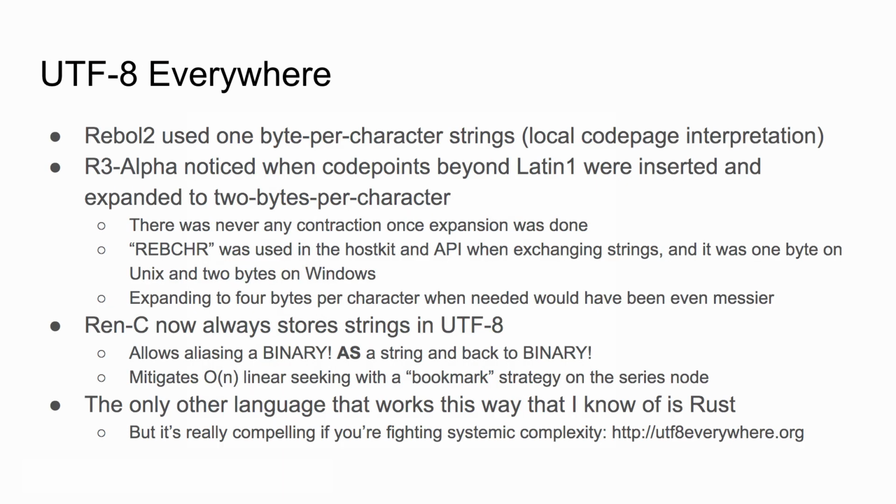Something that has changed in Ren-C that's pretty foundational is that we do not decode UTF-8 strings into fixed-size code points. Strings are kept as UTF-8 the whole time and only transformed on Windows, and only when you're inputting or outputting. That means the Linux build doesn't have any UCS-2 or UTF-16 or anything.